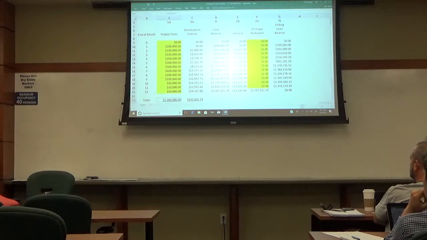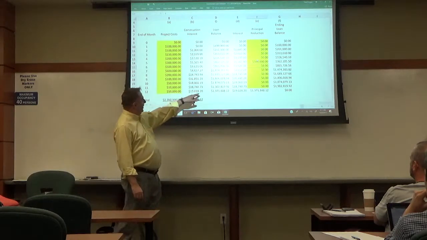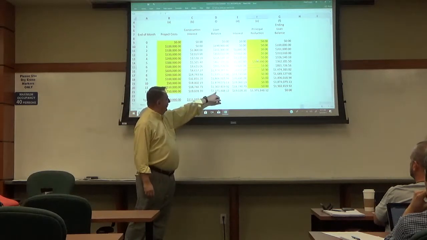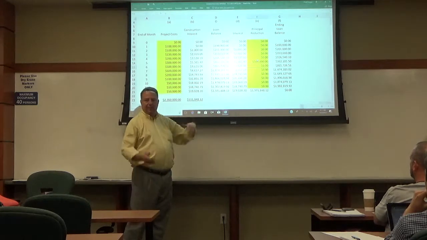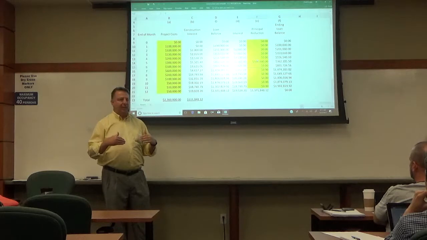Under those conditions, you can go over here for any one of those months and say, okay, this month we're going to infuse $500,000 of additional capital. Obviously that's going to have the effect of reducing the overall amount that you're going to owe the lender at the end of the loan, because you paid down part of that balance, okay?